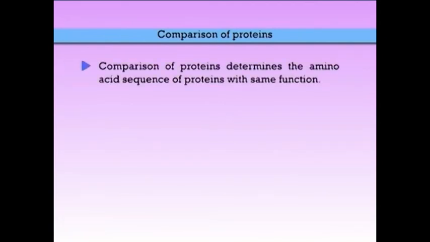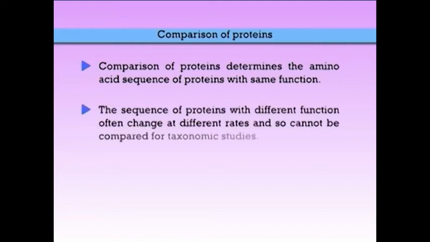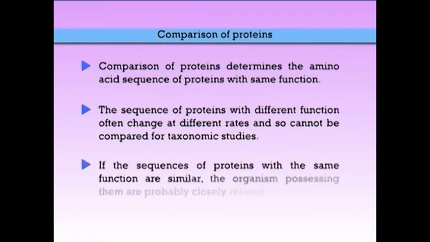Comparison of proteins determines the amino acid sequences of proteins with the same function. The sequences of proteins with different functions often change at different rates and so cannot be compared for taxonomic studies. If the sequences of proteins with the same function are similar, the organisms possessing them are probably closely related.